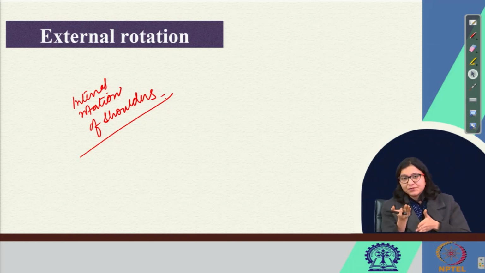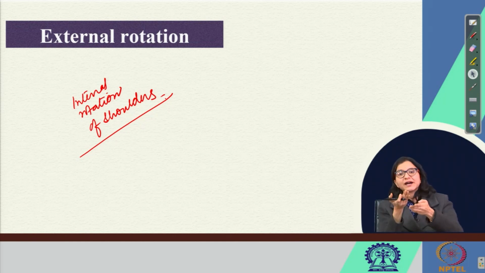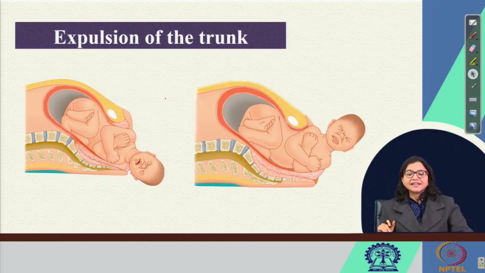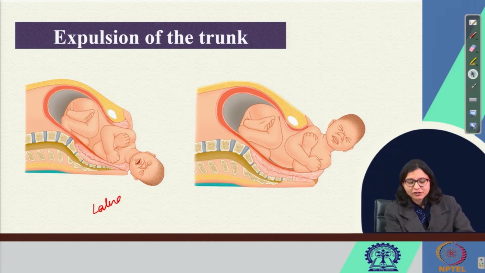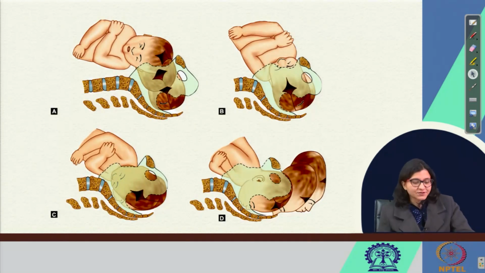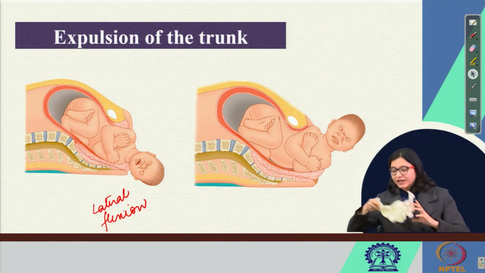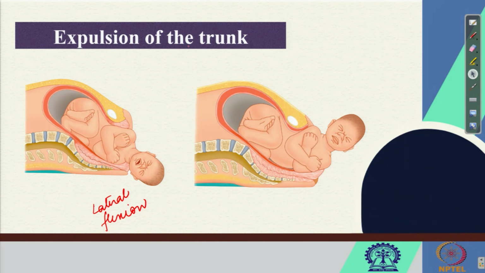It will slide below the symphysis pubis, and the posterior shoulder will be delivered by the process of lateral flexion, right? And the rest of the body will get delivered by the process of lateral flexion. So, these were all the steps of normal labor. Now, I will show it one by one in this demo.